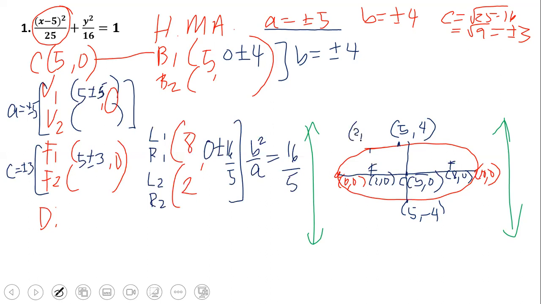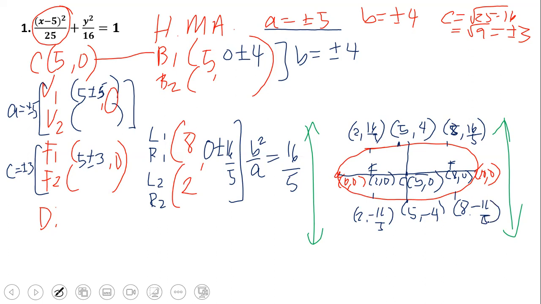So 2 and 16 over 5. Yung isa is you also have 8. It should be 8. 8 and 16 over 5. Yung lower part, you also have 2 and negative 16 over 5. Yung remaining part natin is 8 and negative 16 over 5.